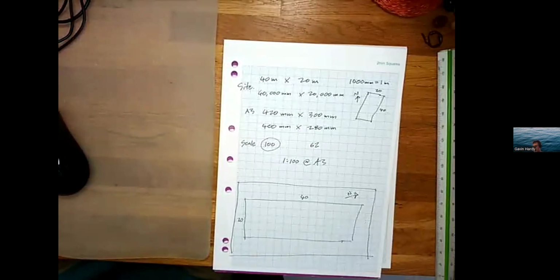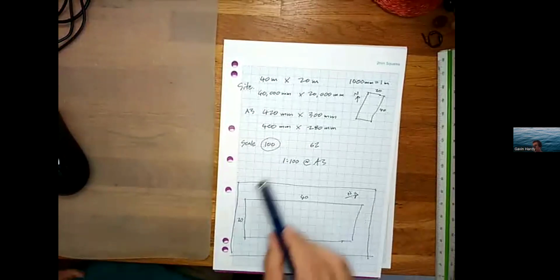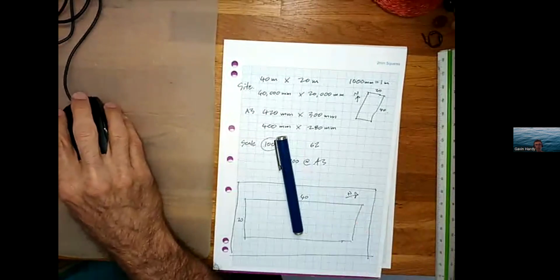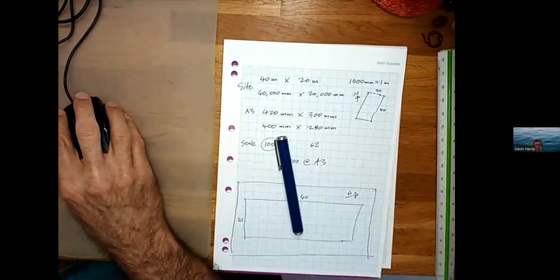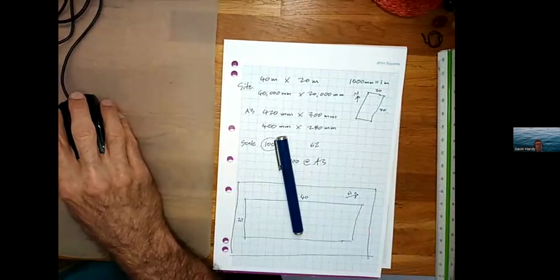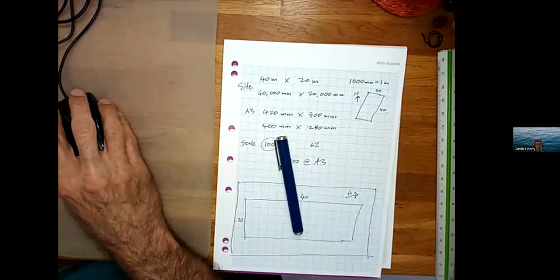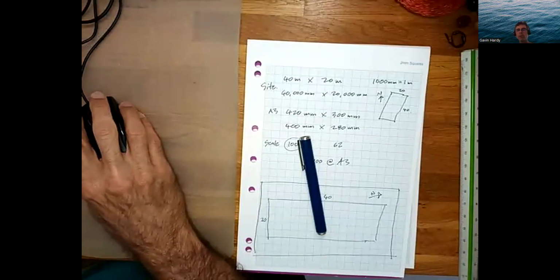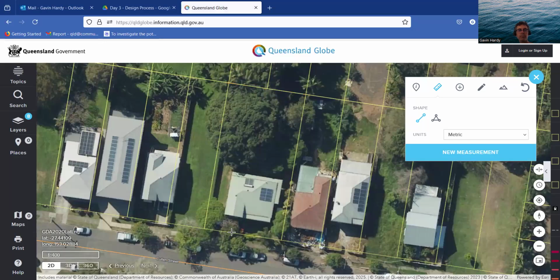Okay. And we can get very accurate with that. We can go back to Q Globe. Let me do that for you. What should that angle be? We can check that. You can even check it with a compass on the ground. Or we can go back to our measurements. Now recall, have a look in the bottom left of the screen.